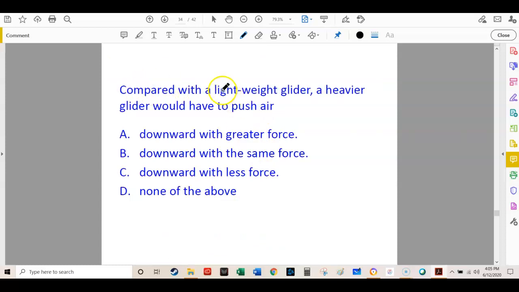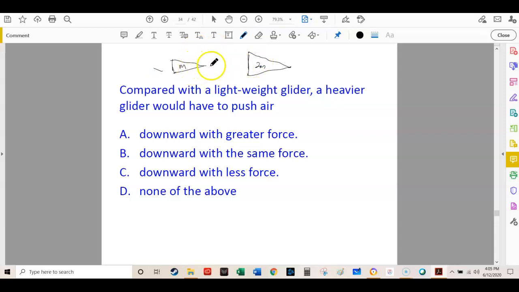So if you have two gliders, you have one glider here, and I'm going to just draw an airplane here, and then you have another glider that has twice the mass, so it's twice as big. This is one mass, and this is 2 mass. So you have a heavier glider and a light glider.